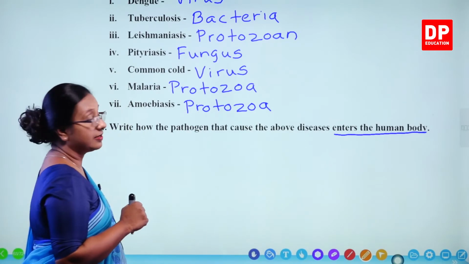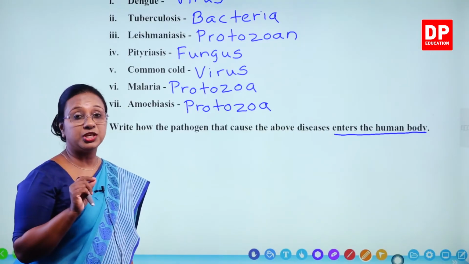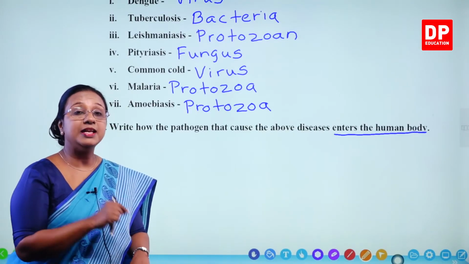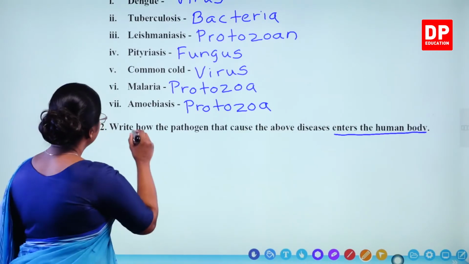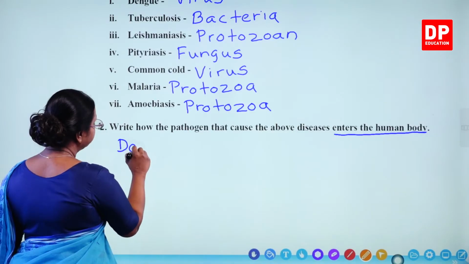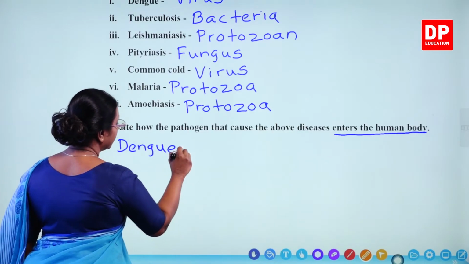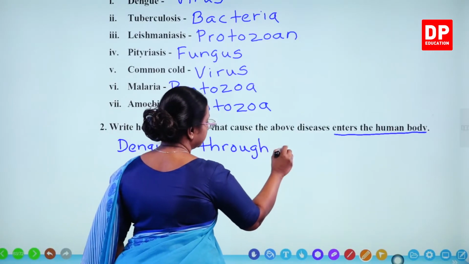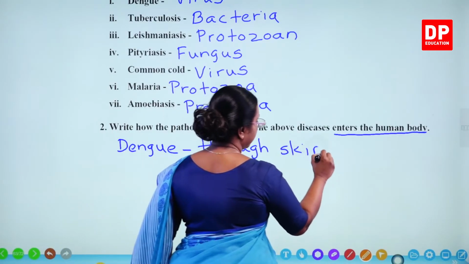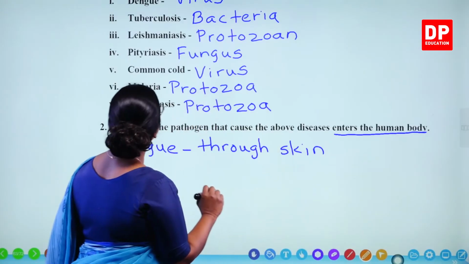So dengue virus, the vector is mosquito. When mosquito bites through the skin, the disease enters. So here dengue through skin. So that is how it enters.